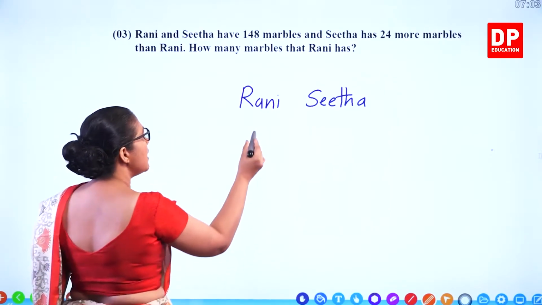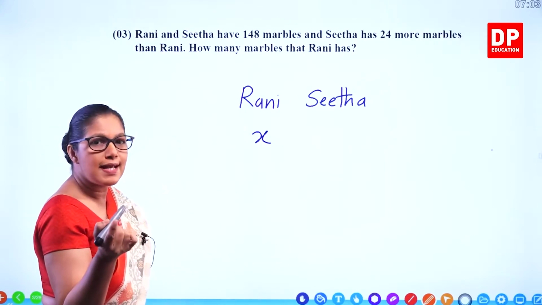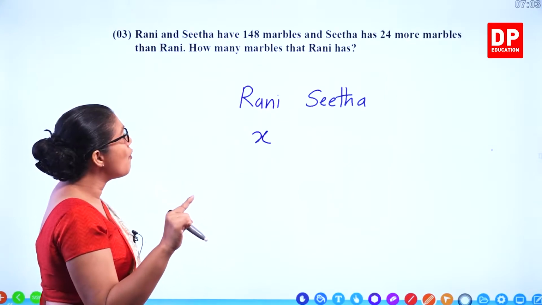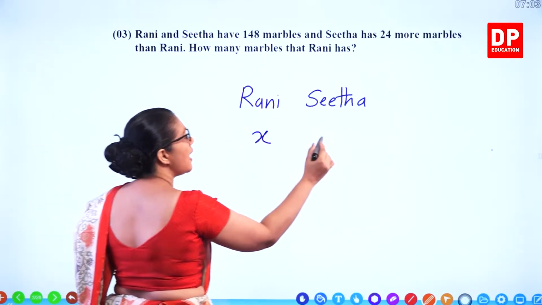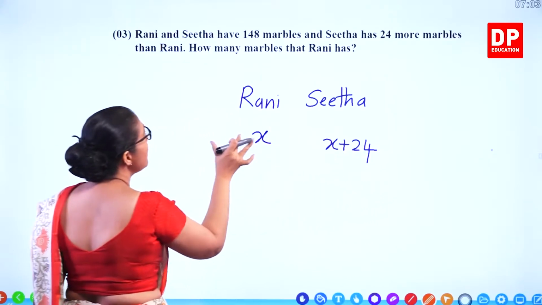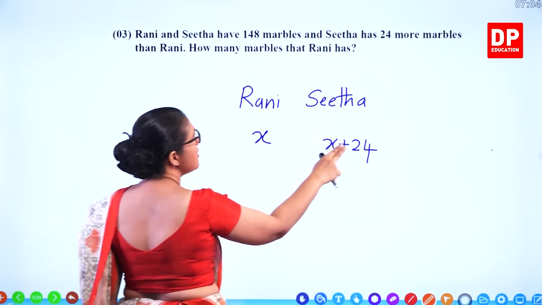We can take the number of marbles that Rani has as x. Then it says Sita has 24 more marbles. How can you write in terms of x? x plus 24. Now we can create a linear equation with these two.